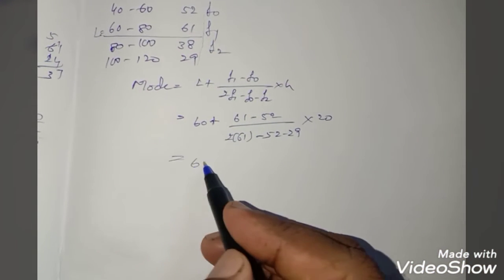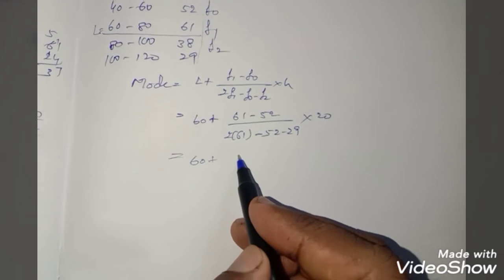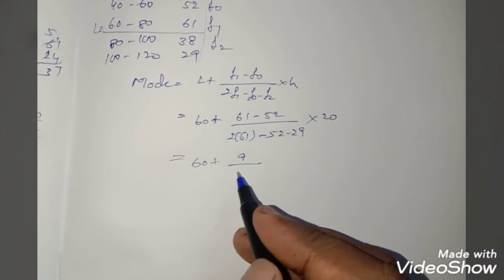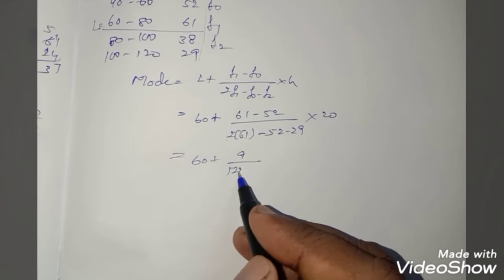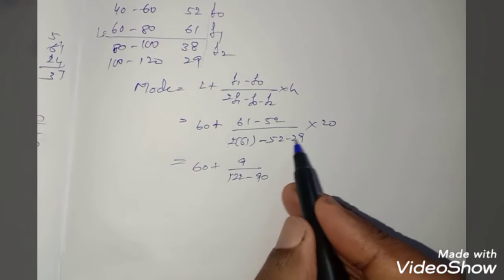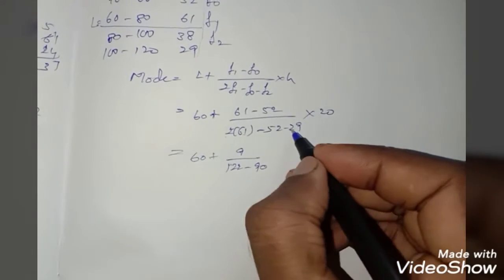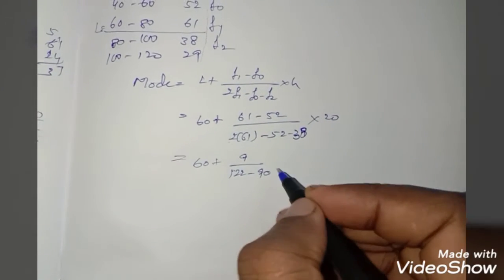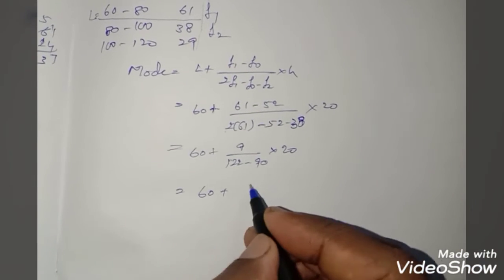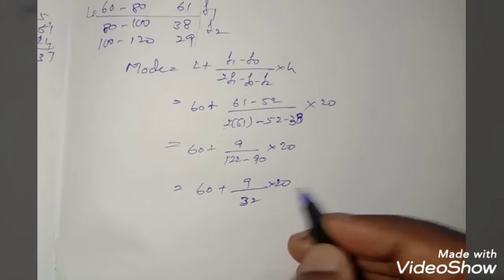Now you will get 60 plus 61 minus 52 is 9, divided by 61 2s is nothing but 122 minus, if I add these two, you will get 90, 9, 10, 11, 11. Sorry, this is 38. 38 means you will get 90 here, into 20. Now here you will get 60 plus 9. If I subtract these two, you will get 32 into 20.